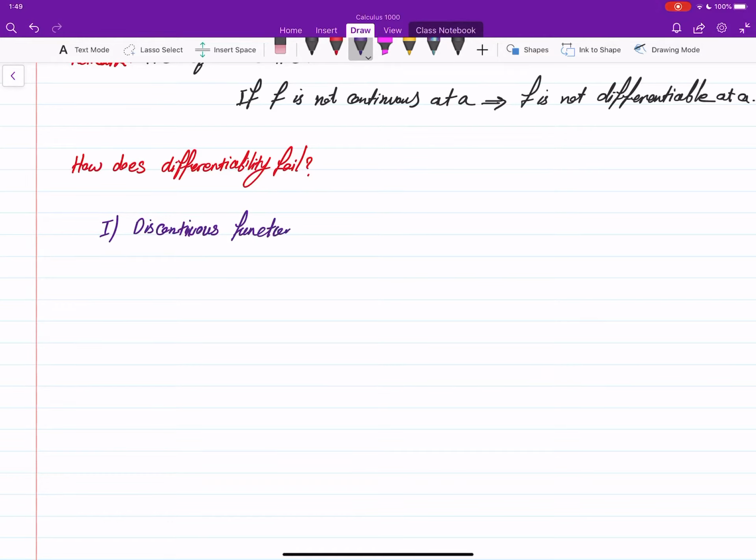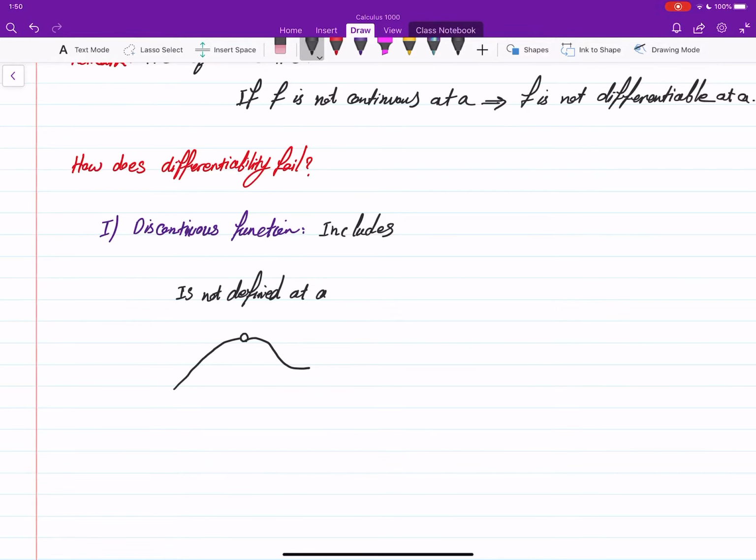If a function is not continuous, it's not going to be differentiable. So this includes a function not defined at A; if you look at the graph of those functions, it will be something like this, not defined.